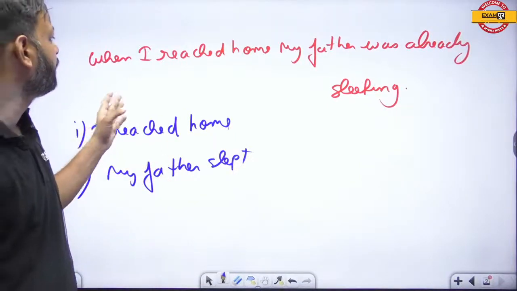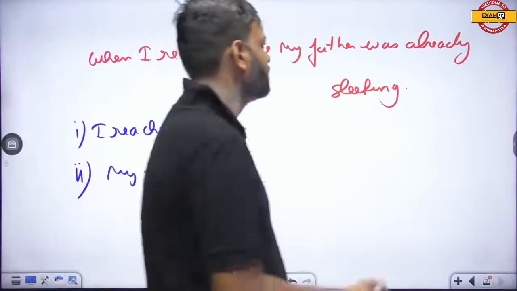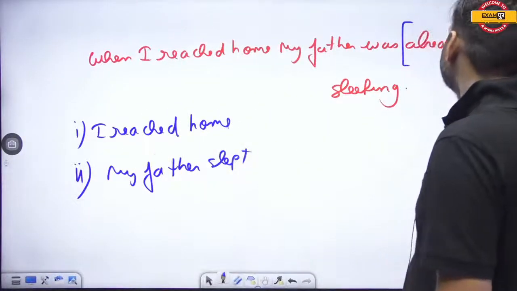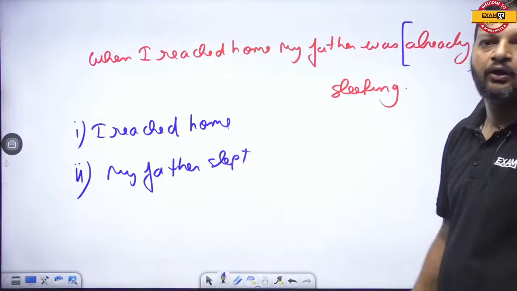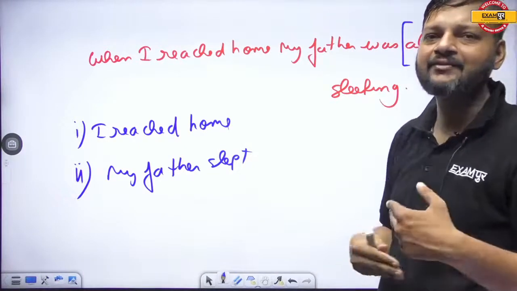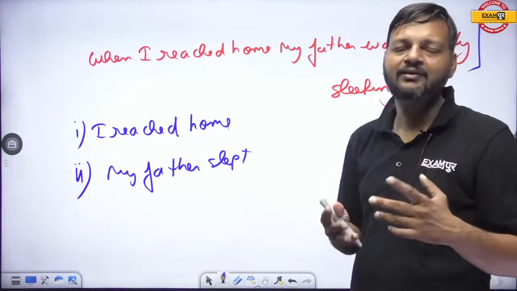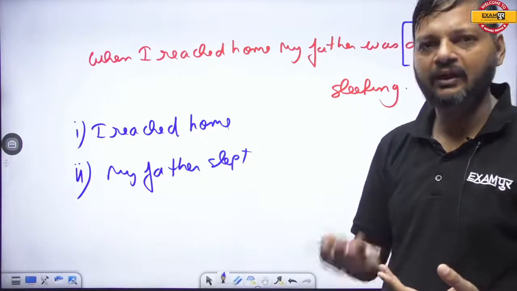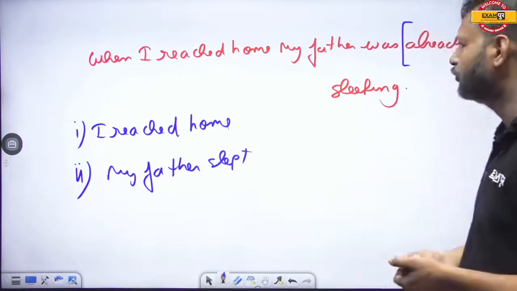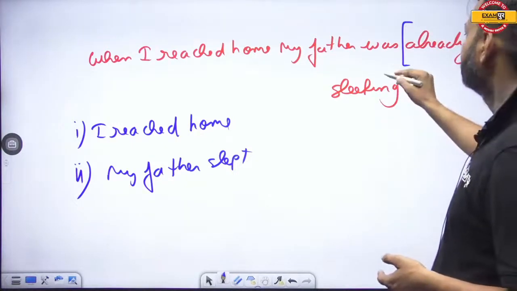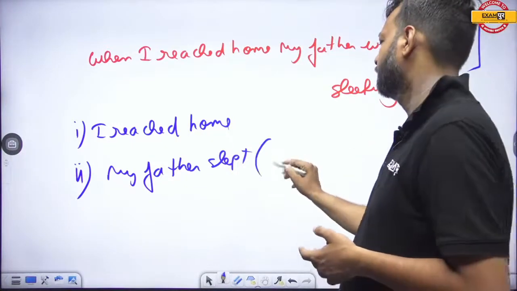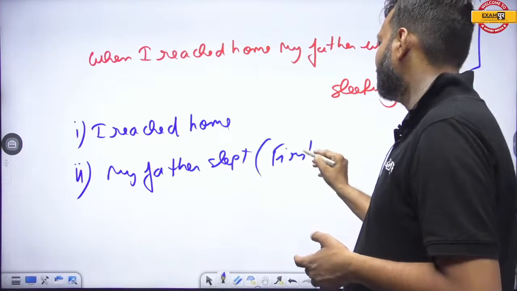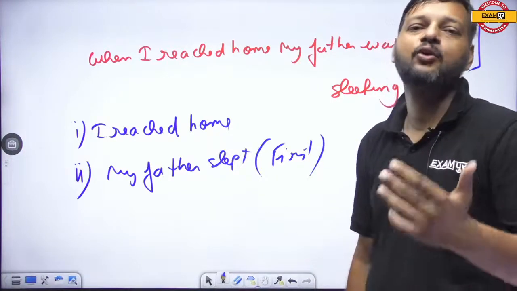So when I reached home, my father was already sleeping. Here we have the word already. Already means something has happened earlier than the other action. So this means that my father slept first, then I reached home.